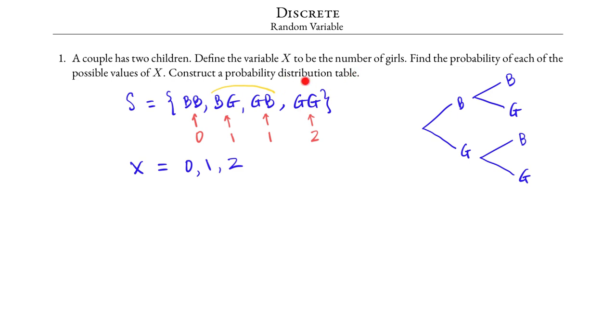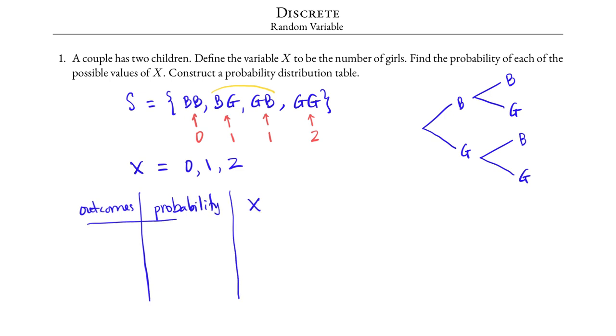In a more complicated scenario, we might have to make the following table. We list the possible outcomes with the corresponding probability, and we also list the possible value of x for each of these possible outcomes.